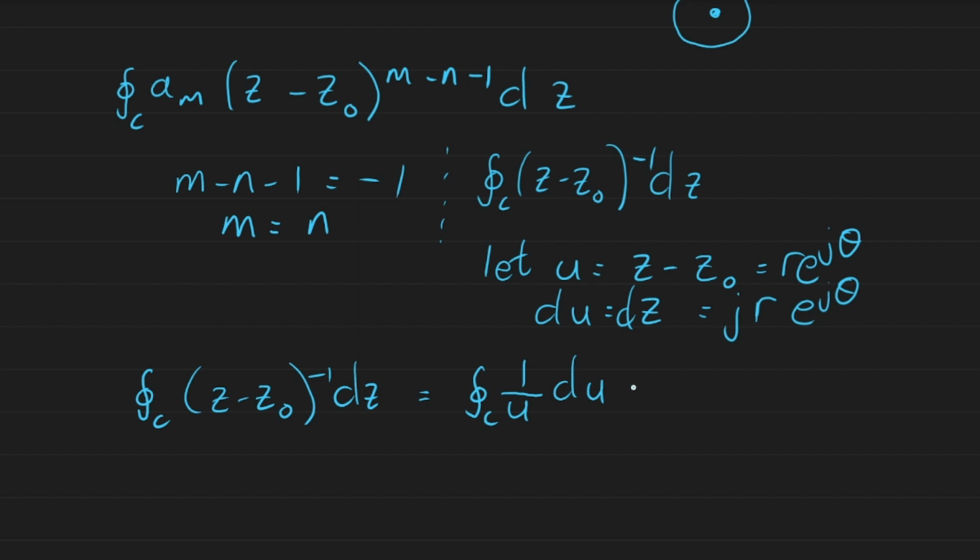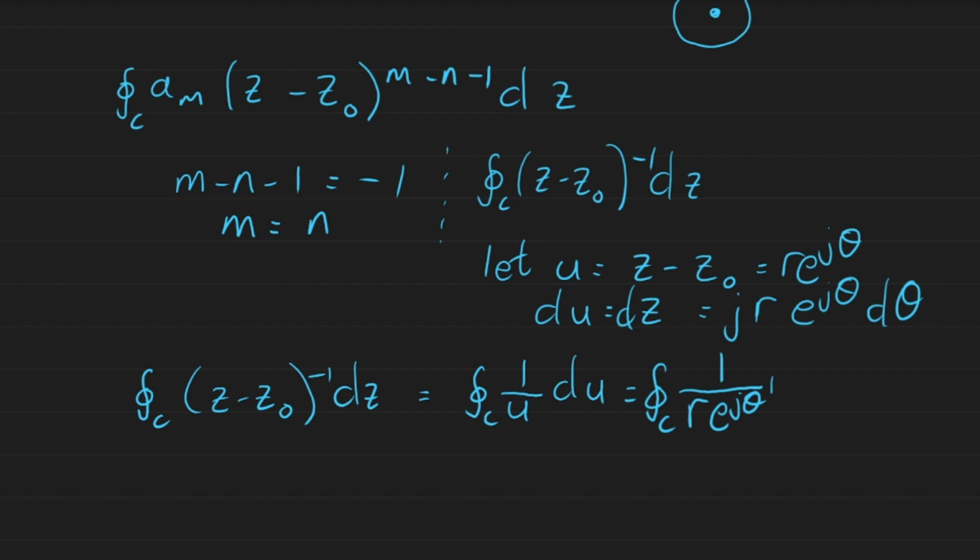Now we substitute all of these things in. We have the integral around this closed path C of 1 over u, so we have 1 over re^(jθ), and now we multiply this by du. And du is jre^(jθ) dθ.